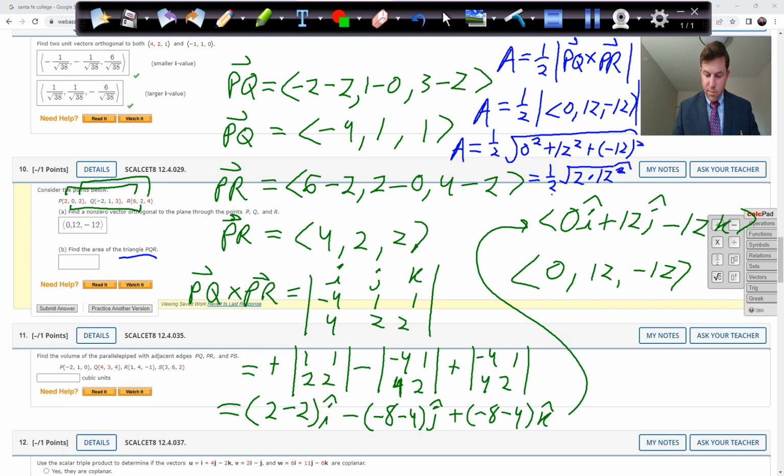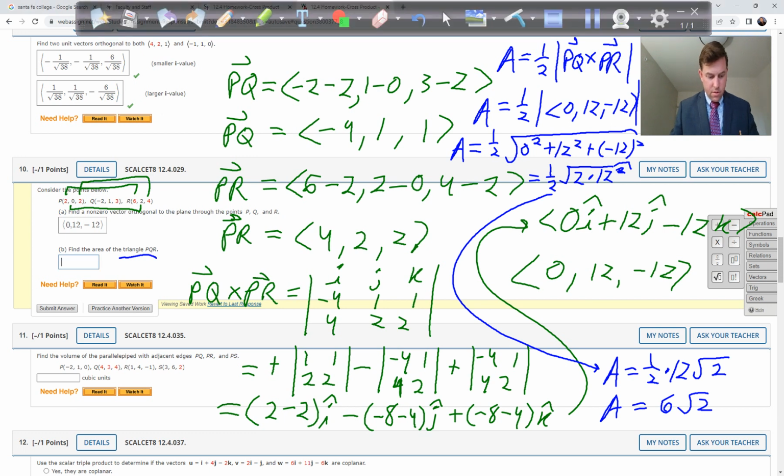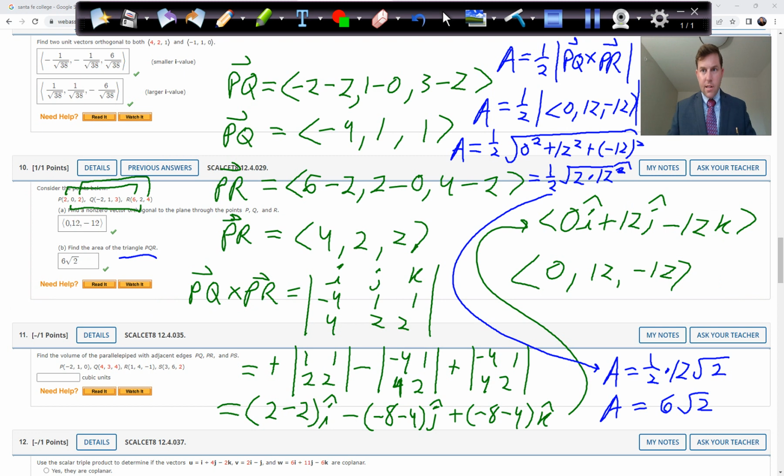So we're going to get the area is 1/2 times 12 times the square root of 2. The area should be 6 square root 2. Okay. And it got a little messy in there, but hopefully you can follow with the different colors. We got them both right.